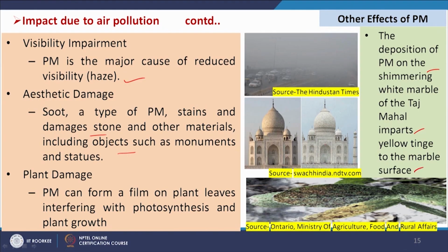You see how white it was, and now it has converted to a yellowish tinge. So, these are the impacts of particulate matter, and plant damage can also be possible. Particulate matter can form a film on plant leaves, interfering with photosynthesis and plant growth.